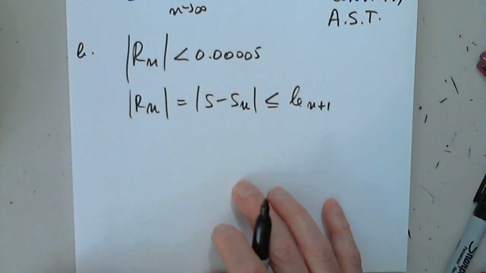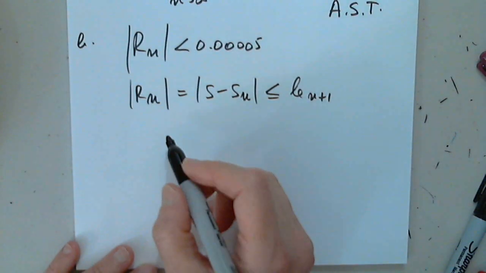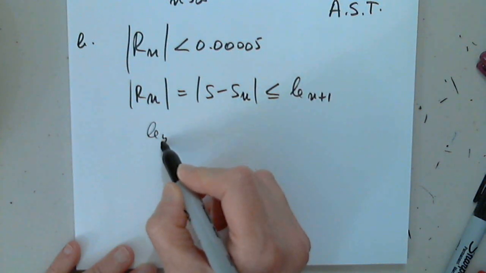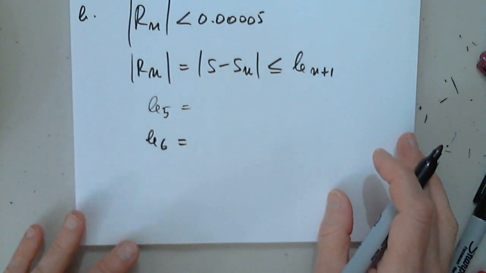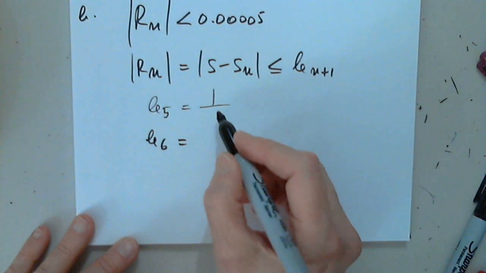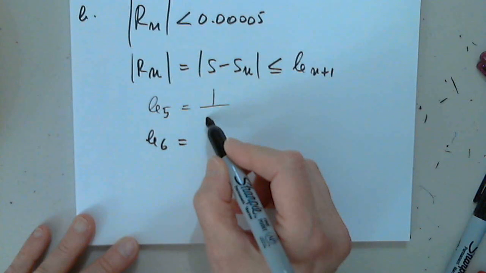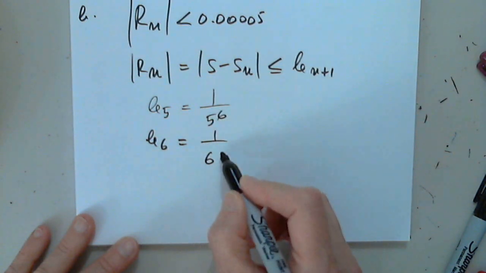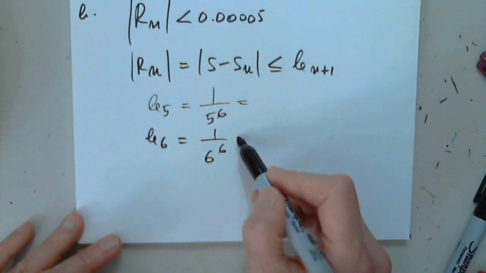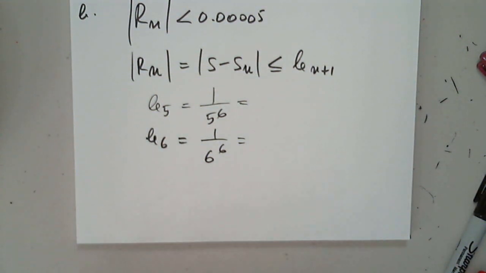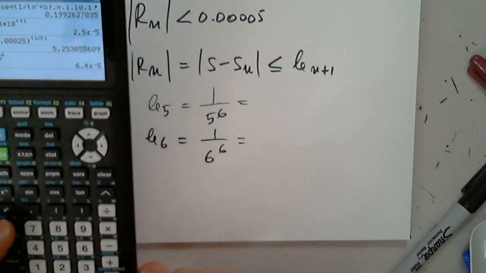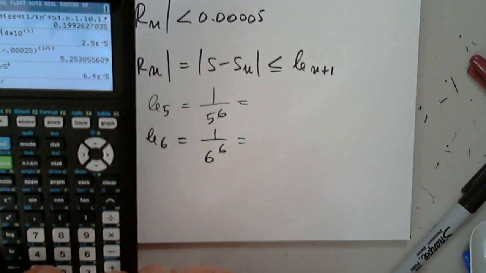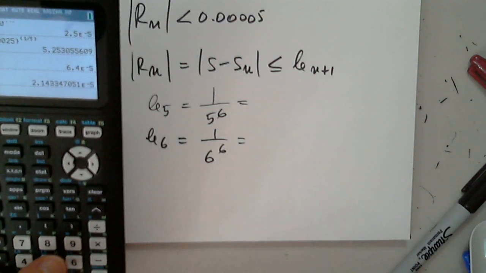Okay, so let's take a look at b5, and let's look at b6, and let's see what happens. So this is 1 over 5 to the sixth. This is 1 over 6 to the sixth. So if we calculate these, I have 1 divided by 5 to the sixth power, and 1 divided by 6 to the sixth power.